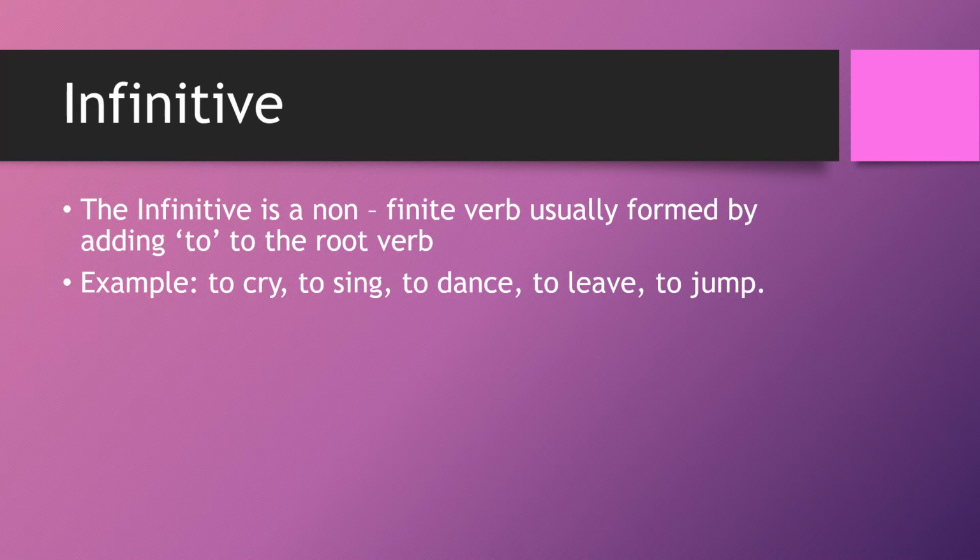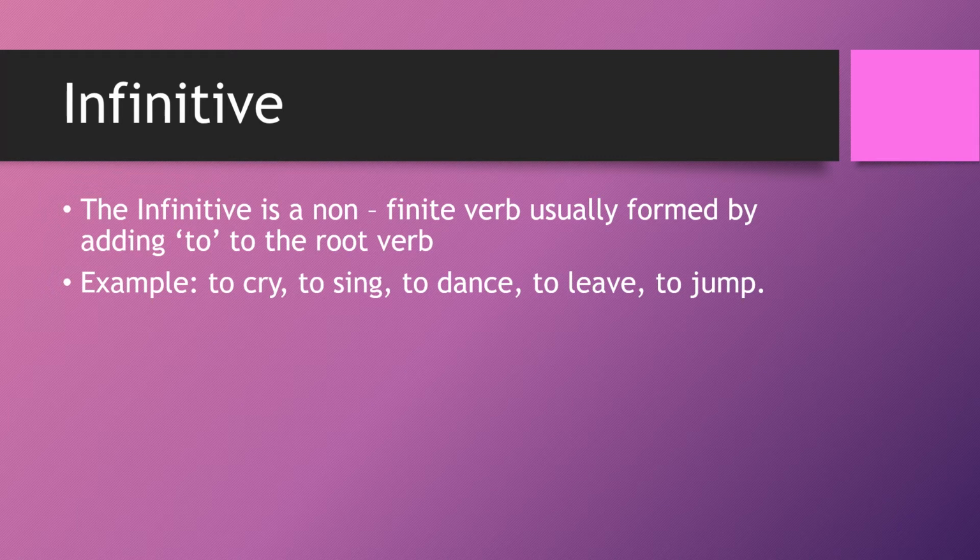The infinitive is a non-finite verb usually formed by adding to to the root verb. The examples are to cry, to sing, to dance, to leave, to jump. So the root verb is cry. So when you add to to the root verb, then that becomes an infinitive.